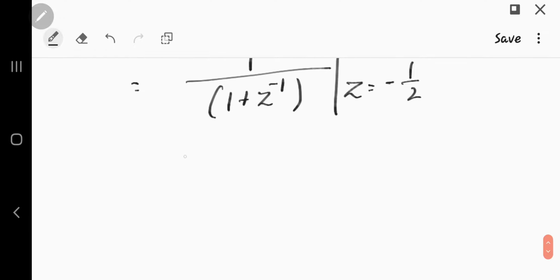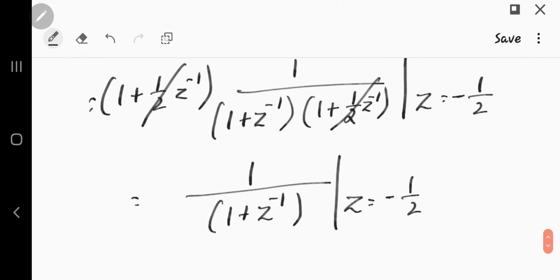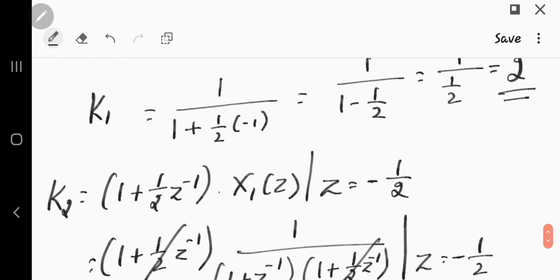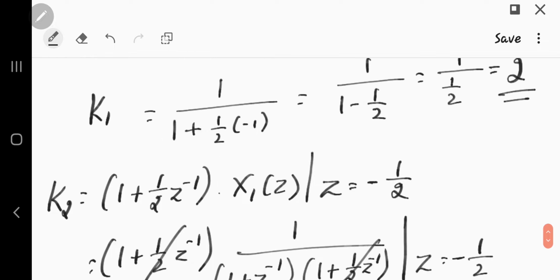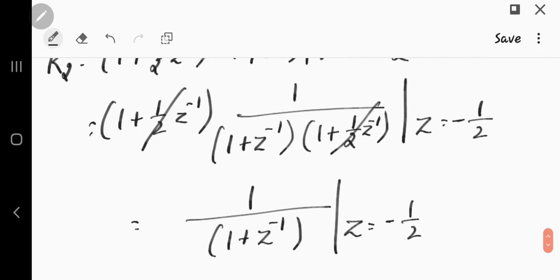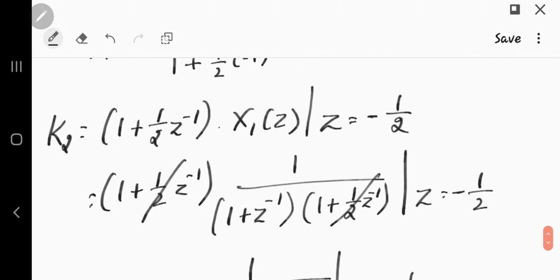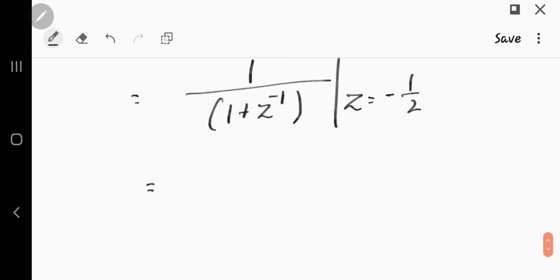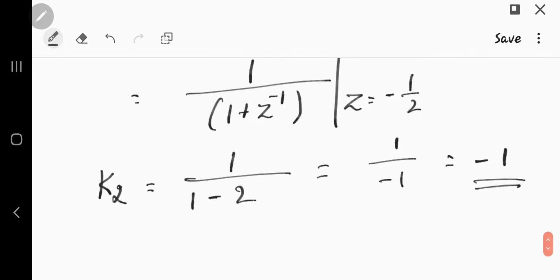If you substitute that, you should get 1 divided by 1 minus 2, which is 1 divided by minus 1. So you will get minus 1 for k2.